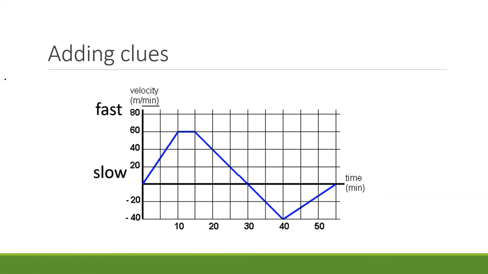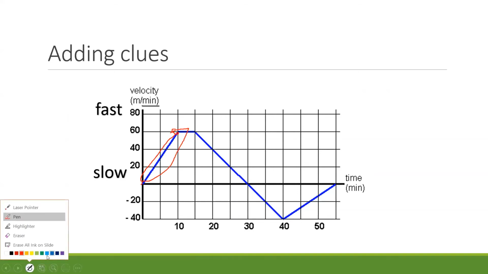My clues for this one are slow and fast, not near and far. What happens in this graph is you can see that it's not a straight up and down thing. We're not moving, and then we quickly speed up as speed changes. So we're actually getting faster and faster and faster.